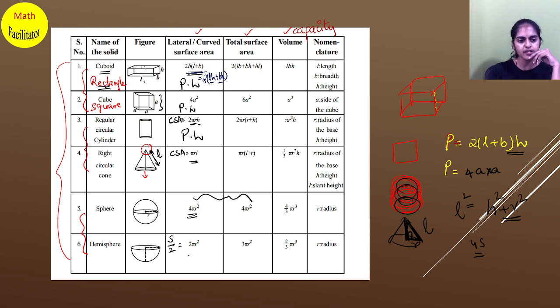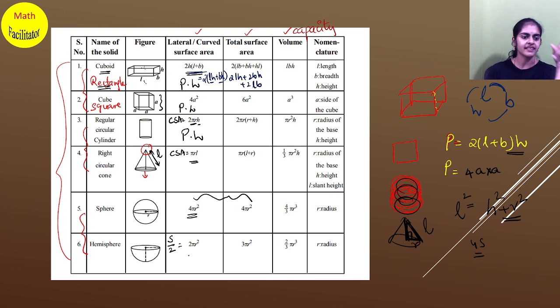So to this LH, BH, what is the other combination here? L, B, H. You have these three combinations. So LH and BH you have taken here. So to this LH and BH you will also add LB now. Okay, so this is 2 LH plus 2 BH plus 2 LB also I am taking.